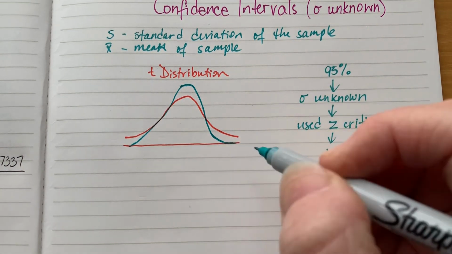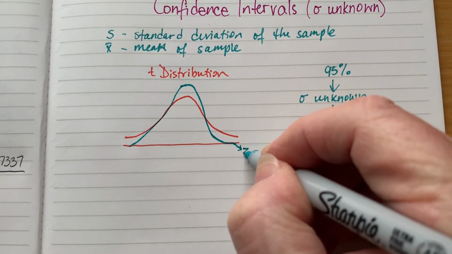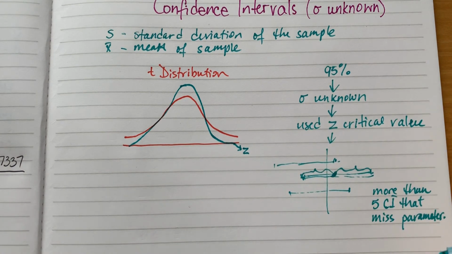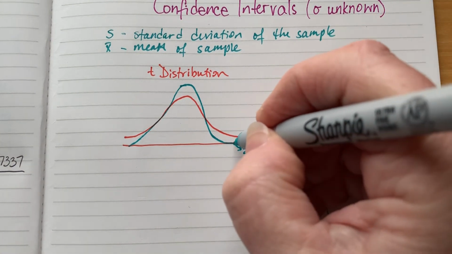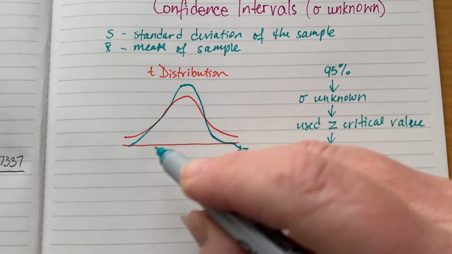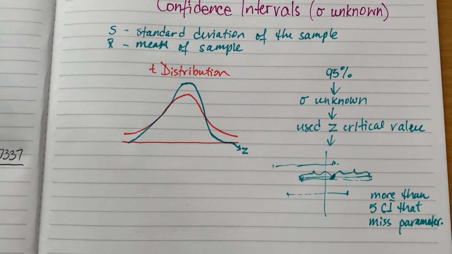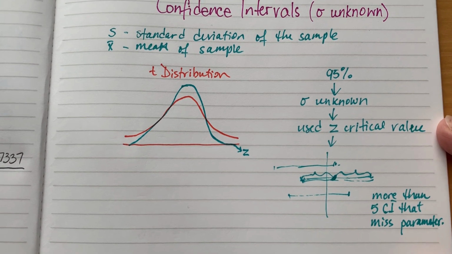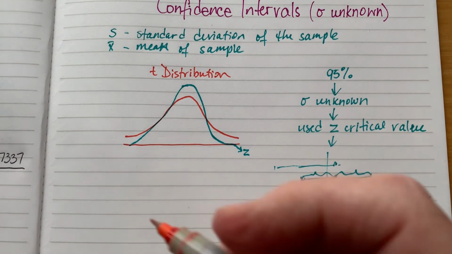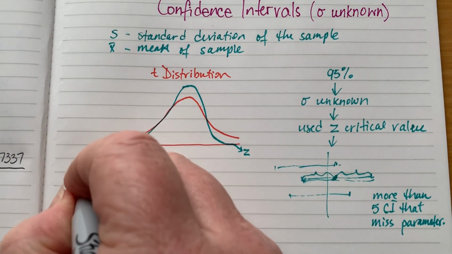Our normal or z distribution tapers off and comes very close to the x-axis. The t distribution depends on the number of degrees of freedom. Here's another term, degrees of freedom, df.